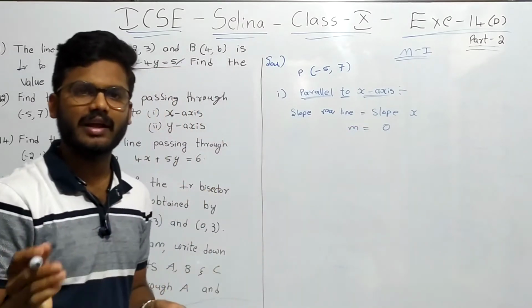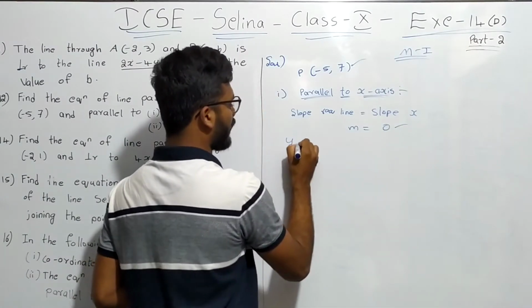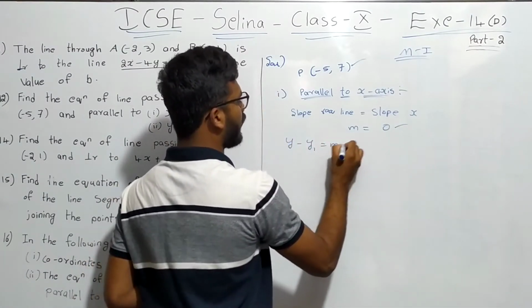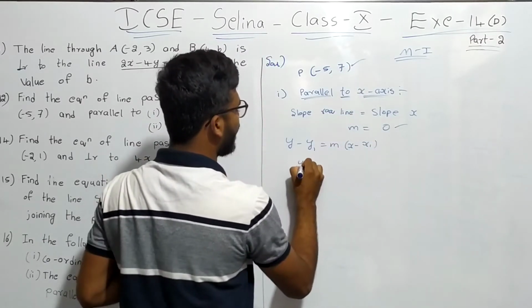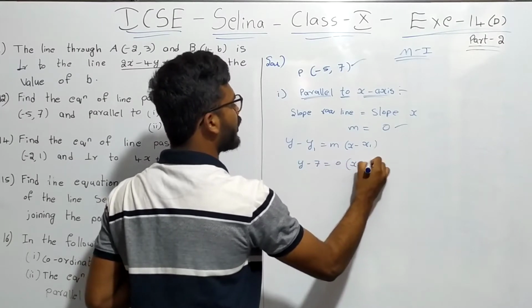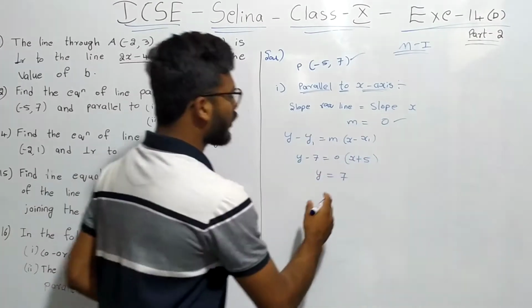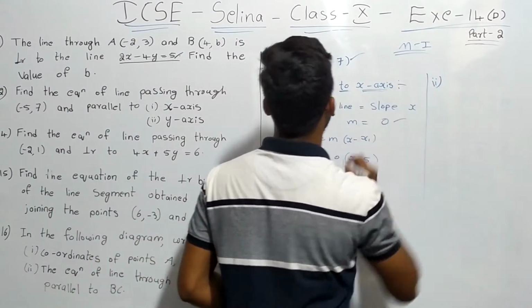Then for finding the equation, we can use the point slope form: y minus y1 equal to m into (x minus x1). So y minus 7 equal to 0 into (x plus 5). 0 into anything is 0. So y equal to 7. And in the second case, what did they give?